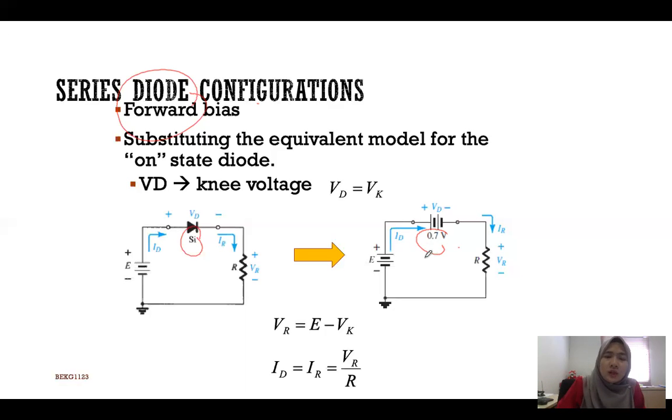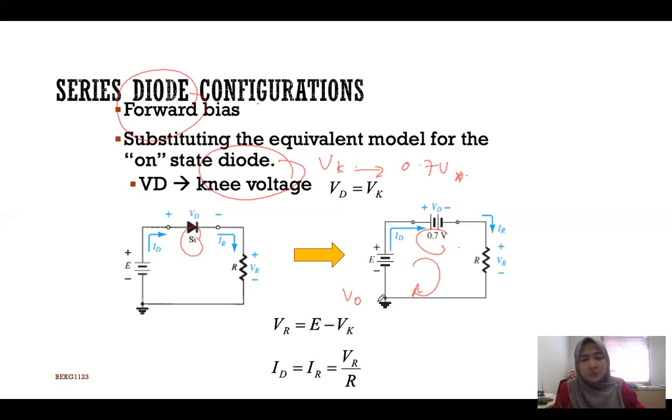When you do KVL over here, you will get VR equals E minus VD. But since during forward bias VD is equal to VK, the knee voltage, which depends on the material of the diode, and for silicon the voltage is 0.7 volt, you will get VR equals E minus VK.